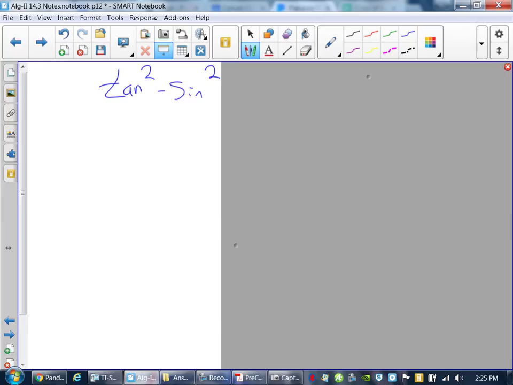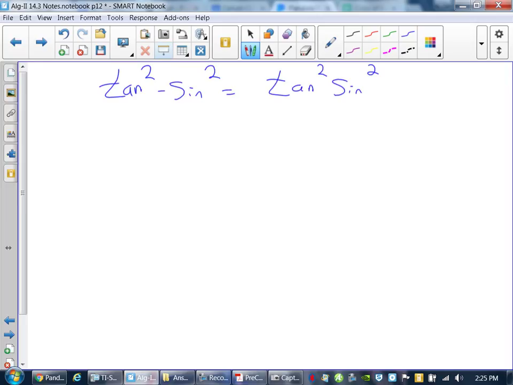Should you change it into sine over cosine? Yes, I would change this into sine squared over cosine squared minus sine squared over 1. What's going to be the common between cosine squared and 1? Cosine squared. Good.